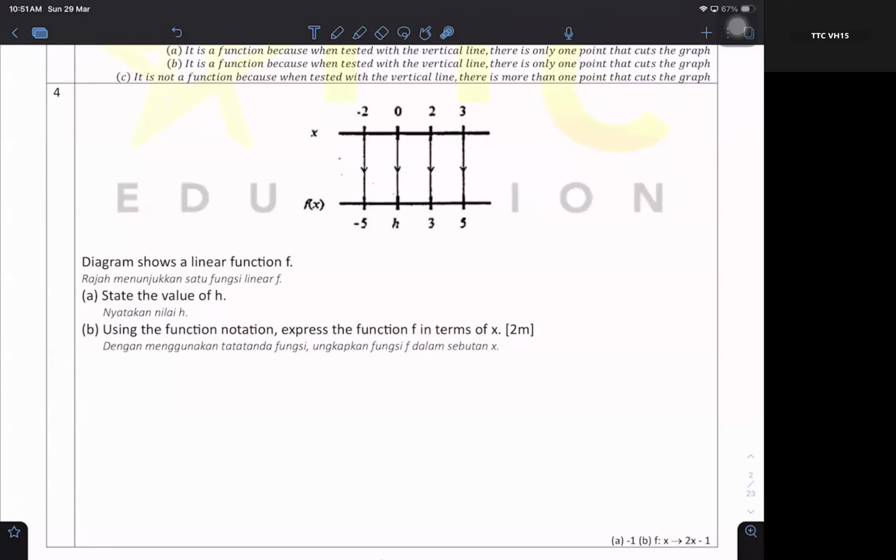Then you need to know the relationship between all these numbers. How to make -2 become -5? How to make 2 become 3? How to make 3 become 5? You need to know the relationship first. Then only you know what 0 becomes, right? Then only you can find the h.